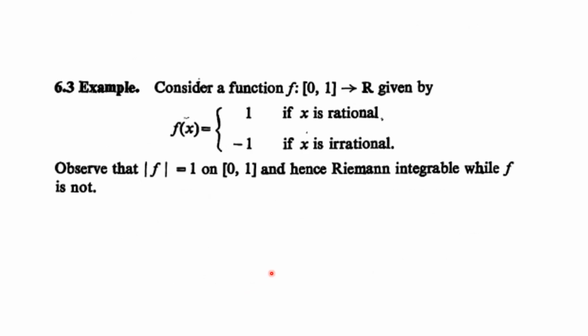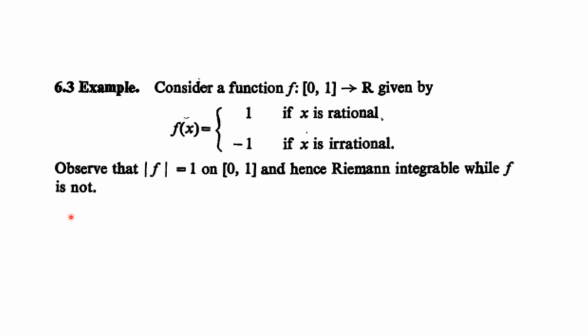Now just see how. For example, suppose we are given a function defined on the closed interval 0, 1 to R by: whenever x is rational it is 1, for irrational it is -1. So clearly mod of f is 1 on the whole interval 0, 1. So mod of f is Riemann integrable because it is a constant function.